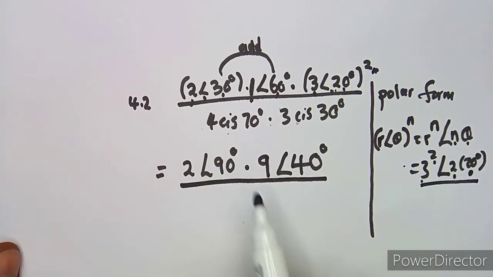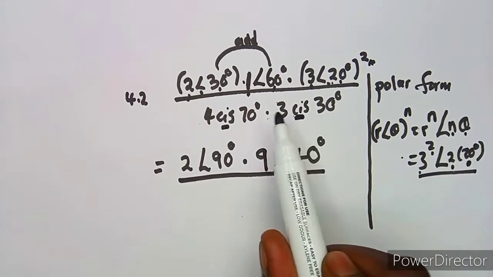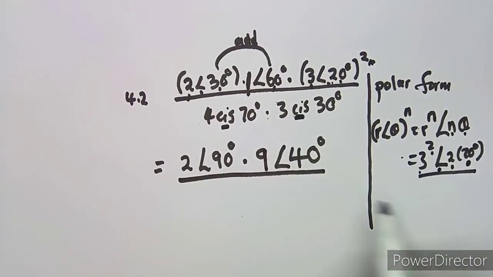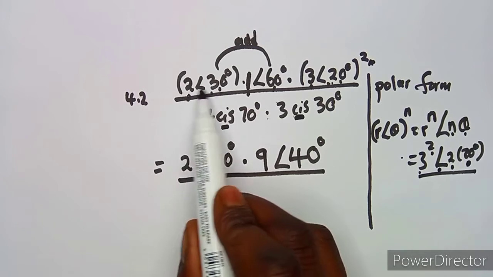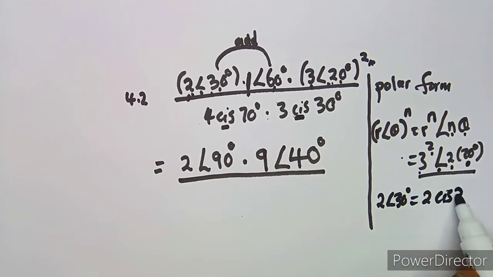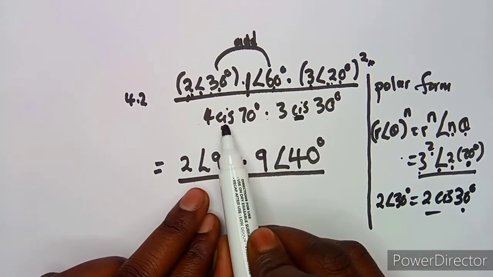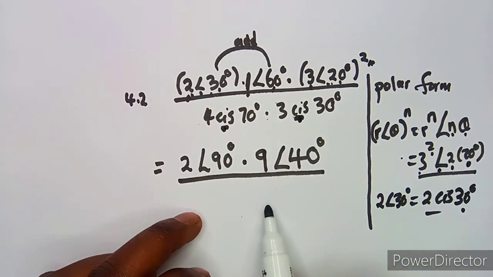Once you know this, then you can apply it directly. Like I was saying, this is the same as this presentation. You can write this part here as 2 angle 30, and it's the same as writing 2 cis 30 degrees. It's just one and the same thing. So since we have already written this in this format, let's also write this one in this format.